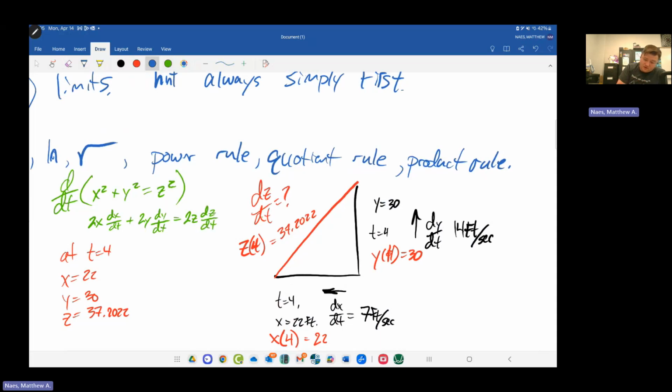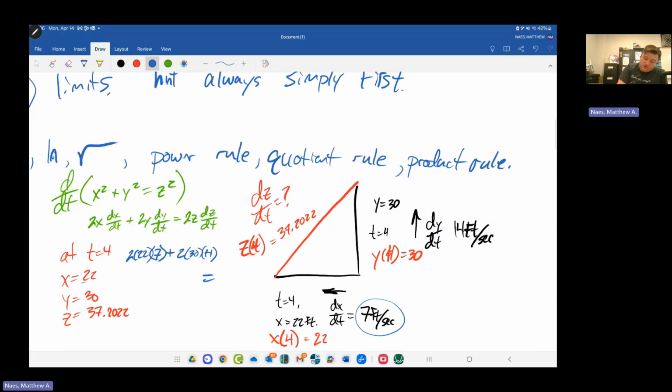Now, the nice thing is I have almost all the information. I have x is 22, so 2 times 22, times the rate of change in x, that is 7 feet per second, so times 7, plus 2 times y, which is 30, times the rate of change of y, 14.